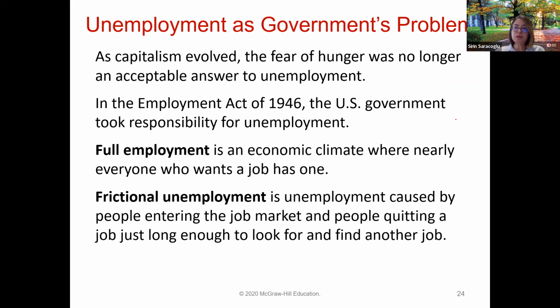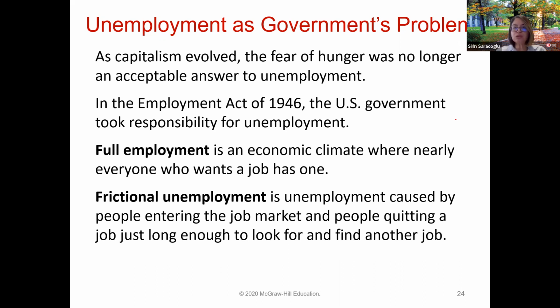So if that is the case, if there are people moving in and out of jobs for the purpose of allocating skills and labor in a much more efficient way, we say that the economy is operating at full employment.